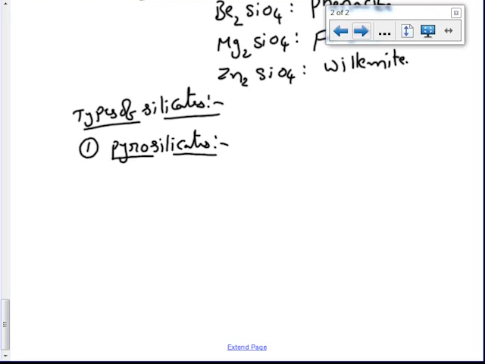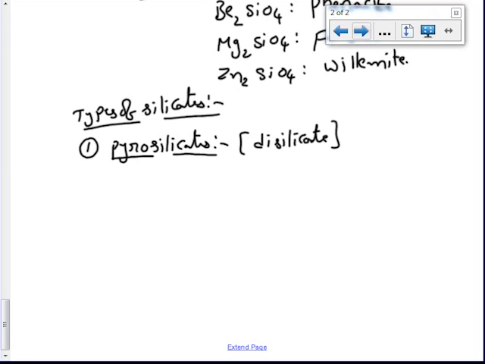Pyrosilicates are also called disilicates: as the name itself suggests, two silicate ions are combined.